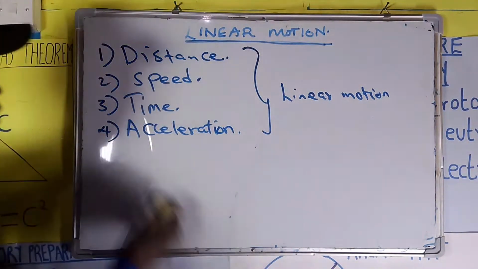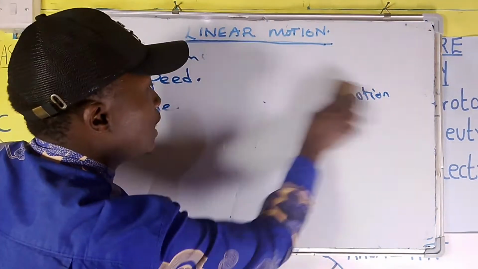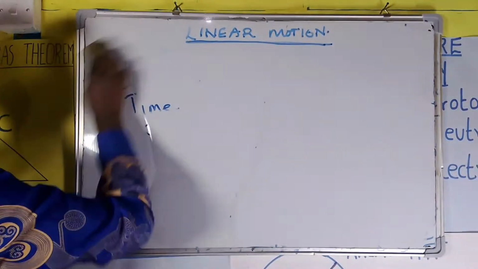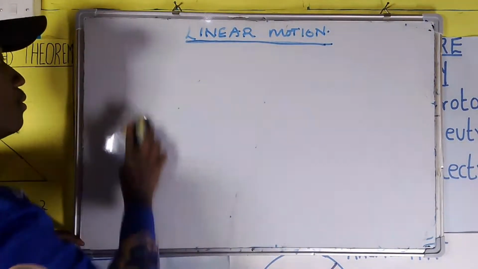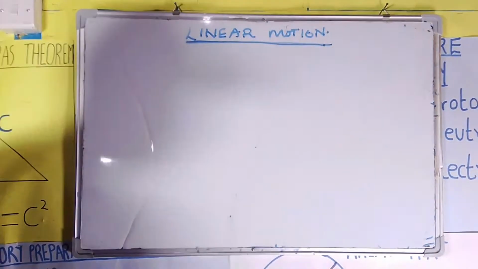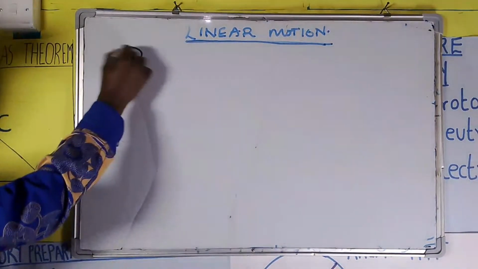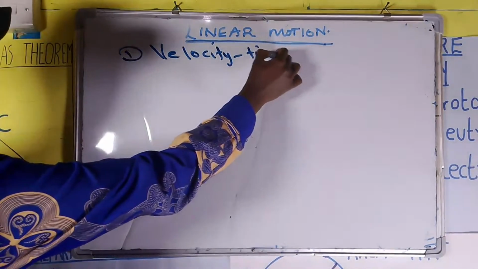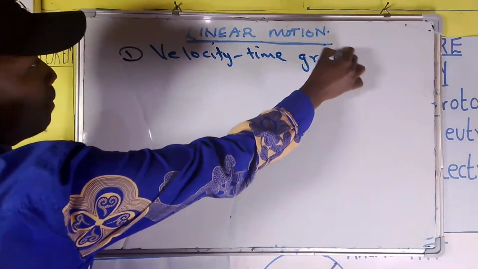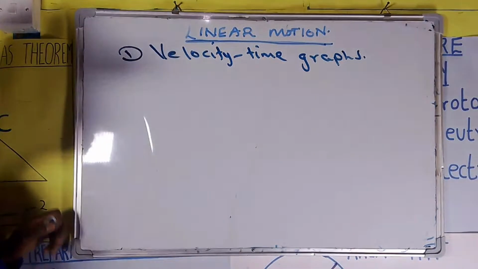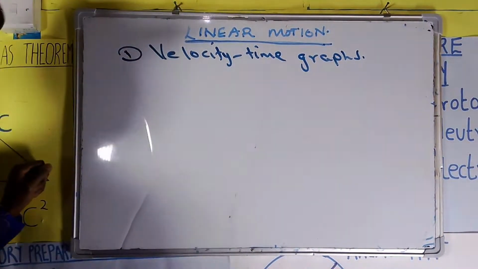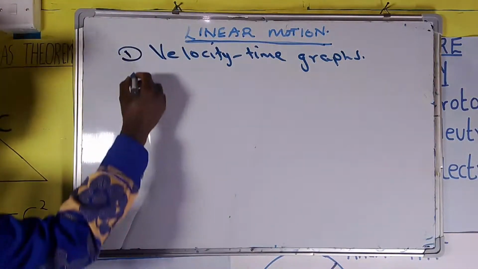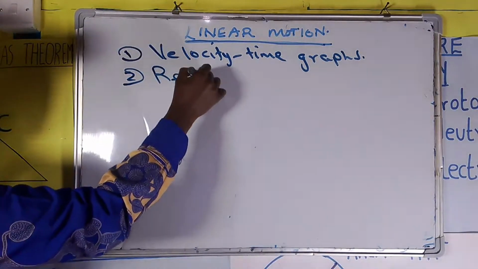So what we are going to be learning here: we will learn about velocity time graphs. We will also learn about relative speed.